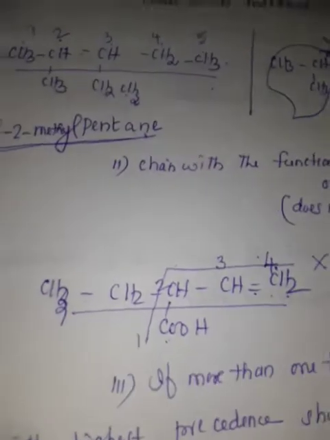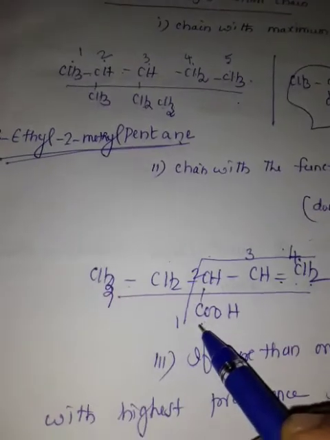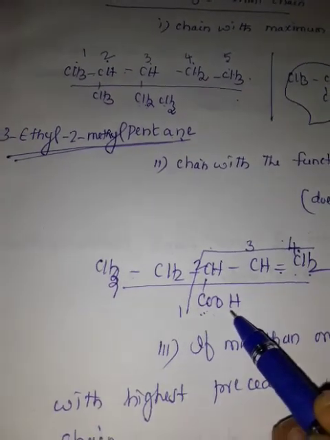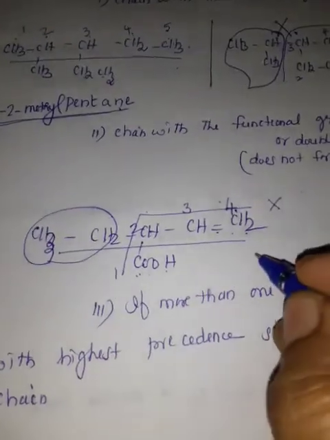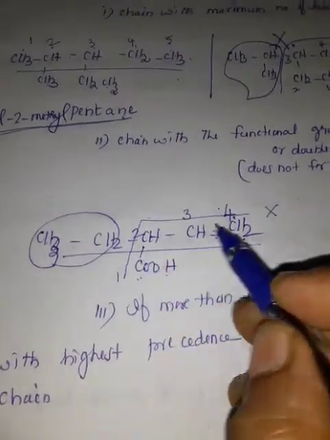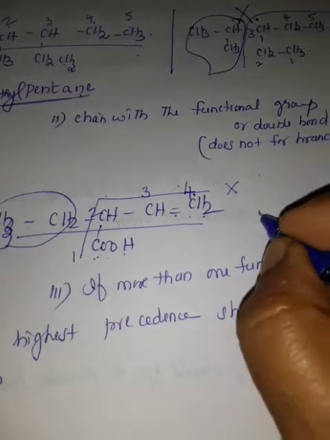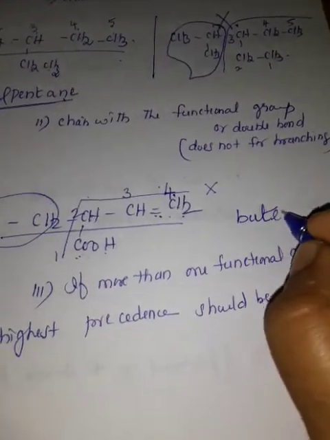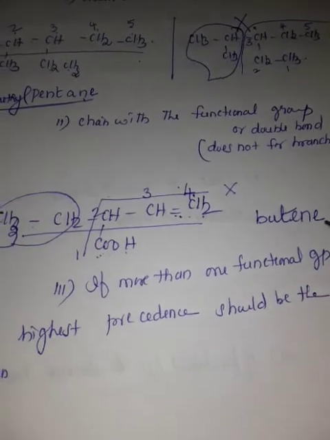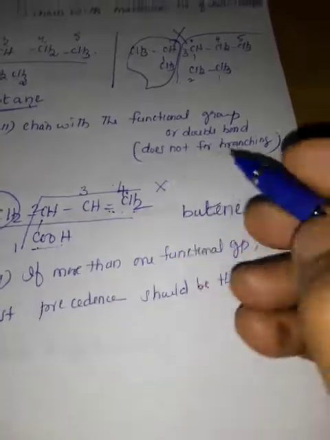So what is the name for this? First carbon has oic acid, second carbon has an ethyl group. 4 carbon atoms means but. Double bond means ENE. Then the first carbon has COOH.